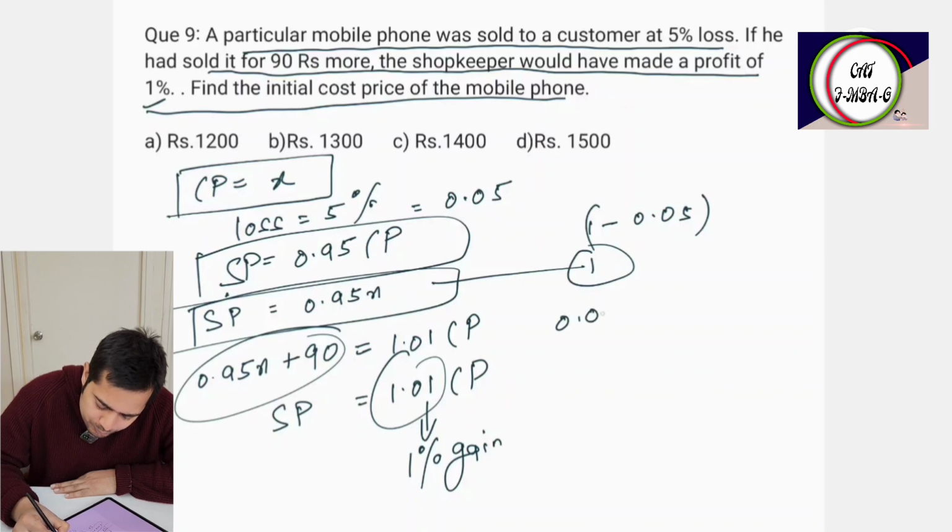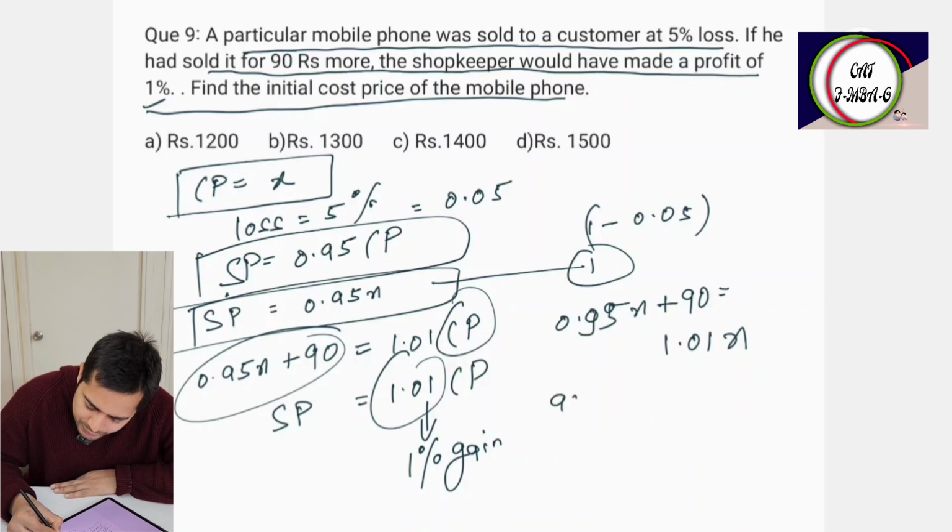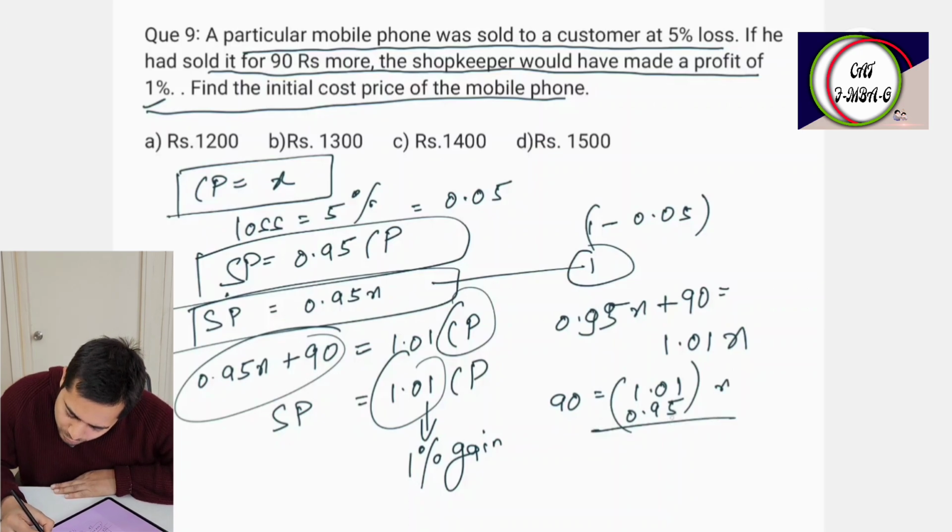Now let us solve this. 0.95x plus 90 is equal to 1.01 of the cost price. We have assumed x. So 90 is equal to (1.01 minus 0.95) x, which is 0.06x.